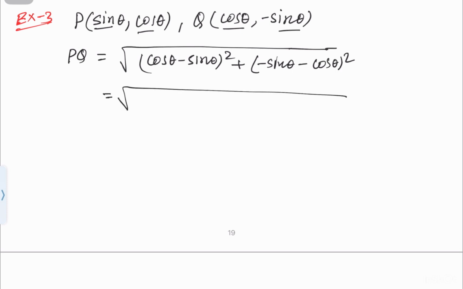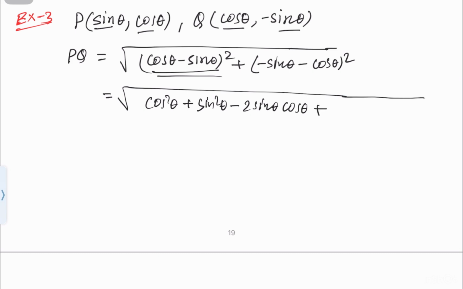Then apply the a minus b formula here: a minus b whole square is a square plus b square minus 2ab. Similarly, for this, the minus goes to plus because of the square. That means a plus b whole square: sine square theta plus cos square theta plus 2 sine theta cos theta.